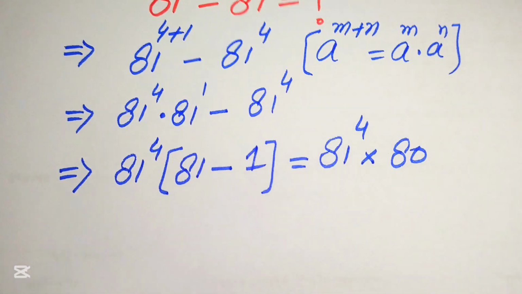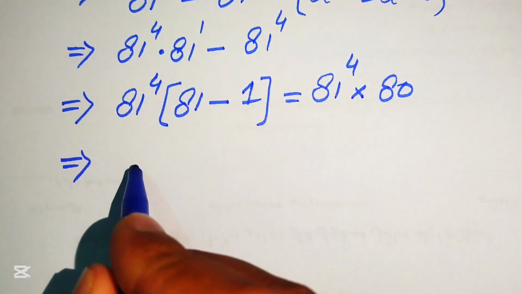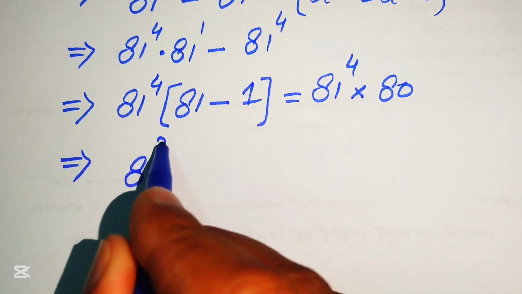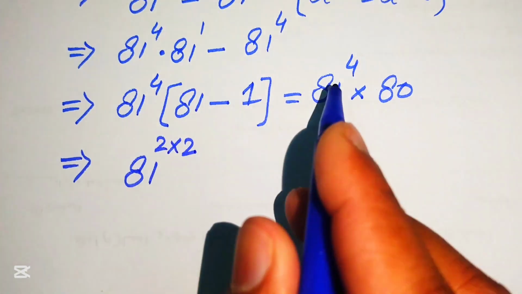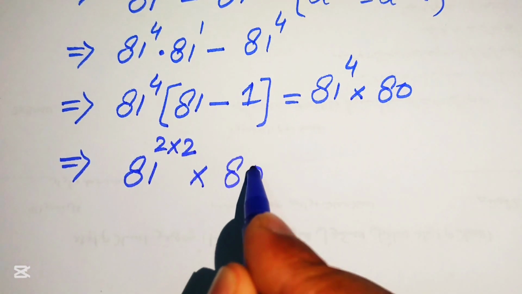Now we rewrite 81 to the power of 4 in this form: 81 to the power of 2 multiplied by 2. We write this 4 as 2 times 2, and it is multiplied by 80.